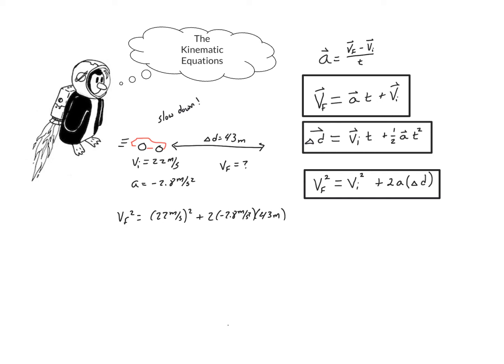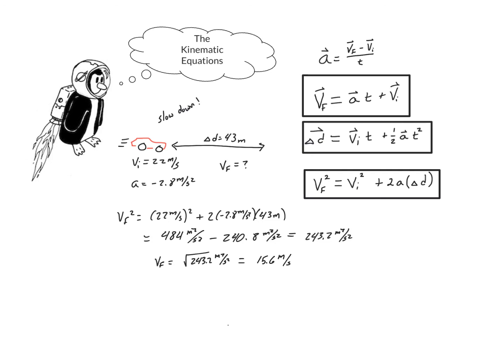If you plug it into your calculator, you'll find that you have 484 meters squared per second squared minus 240.8 meters squared per second squared, which is equal to 243.2 meters squared per second squared. Of course, to find Vf, we have to take the square root of 243.2 meters squared per second squared, which gives us 15.6 meters per second for our final speed.